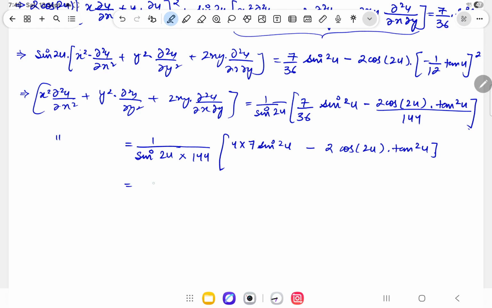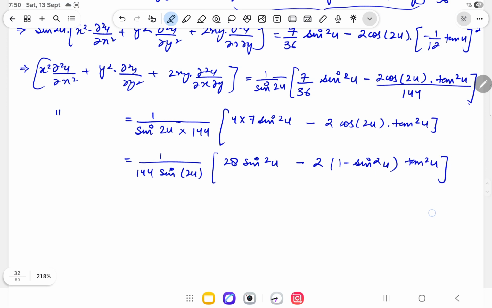So this thing is equals to 1 upon 144 sin 2u into sin square u minus 2 into cos 2u, which is basically 1 minus sin square u, into tan square u.